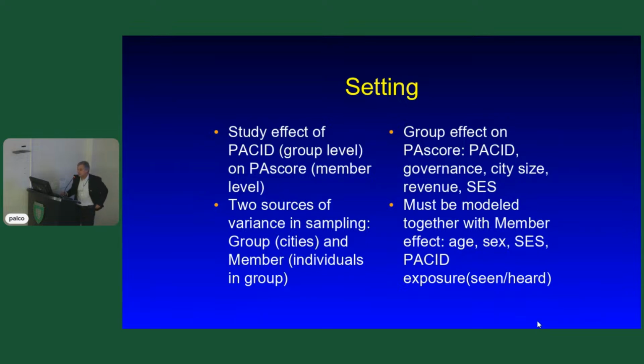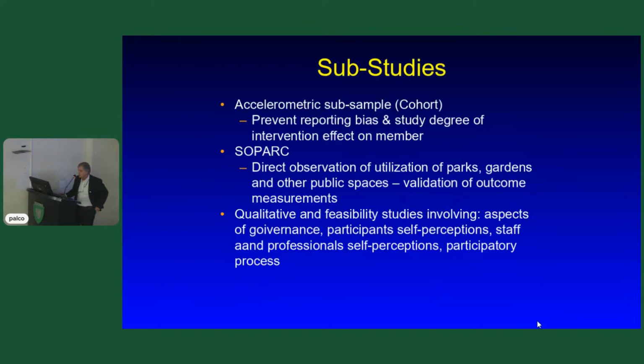To study the effect of PACID, there are two sources of variance: the group, the city, and it's a cluster design. So that's the setting. We also did a few sub-studies, like I said, the accelerometer, to prove again that the people who said, yes, I'm active, the accelerometer is proving it.